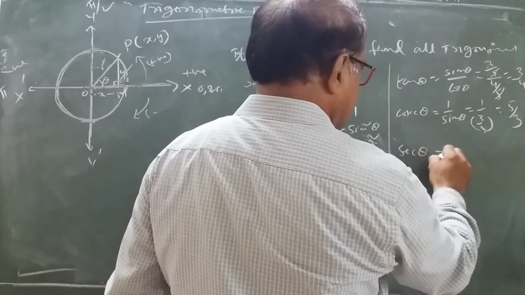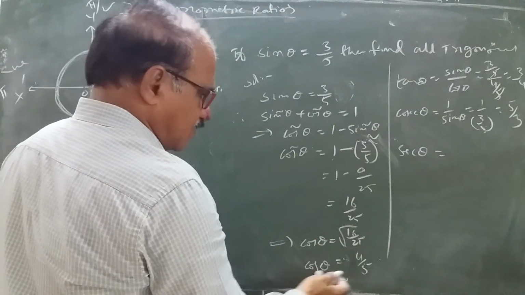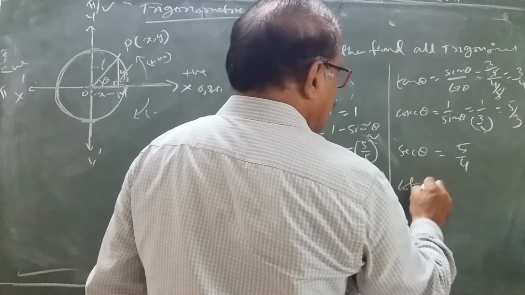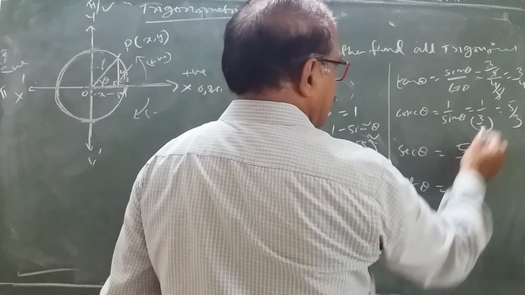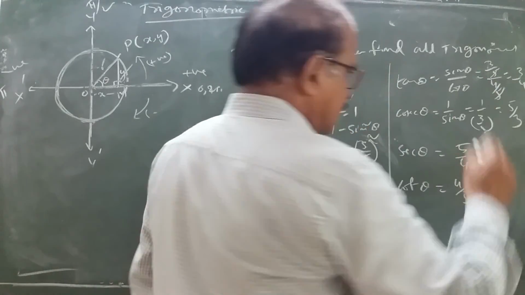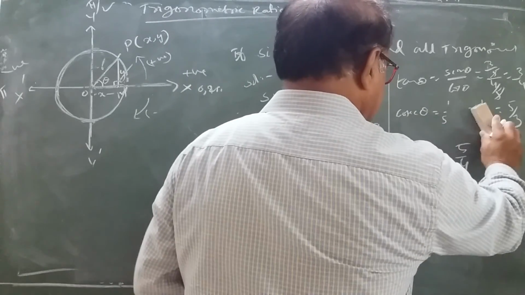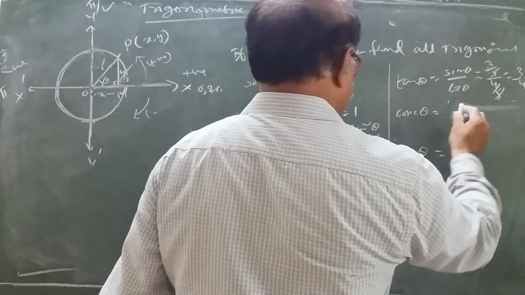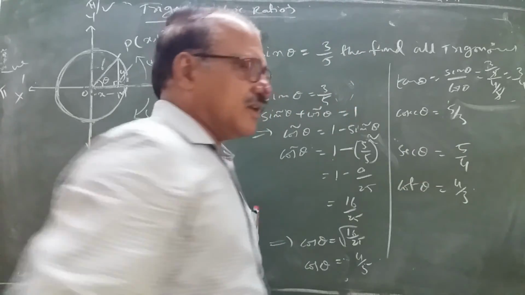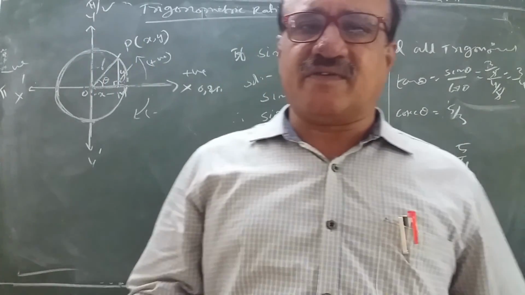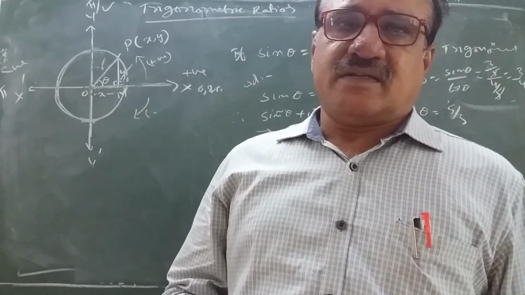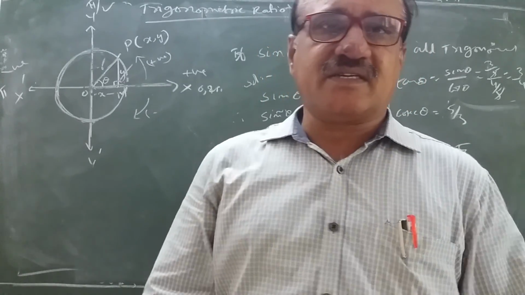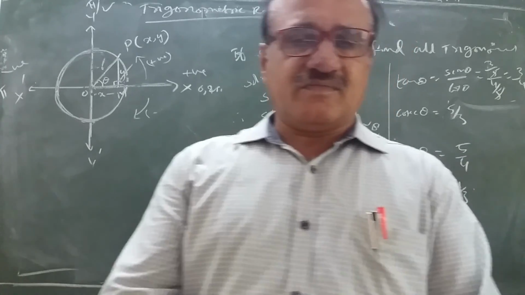Similarly, secant theta is the reciprocal of cos, that is 5 by 4. Then cot theta is the reciprocal of tan, that means 4 by 3. If we know any one value of theta, then we can find all the remaining values. By using this, we have to solve some problems.